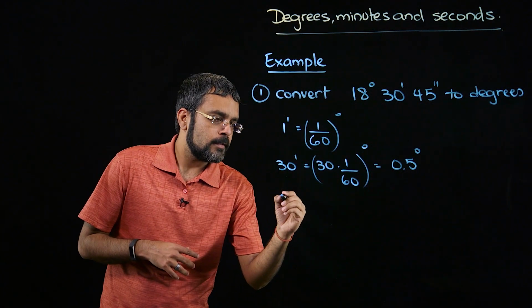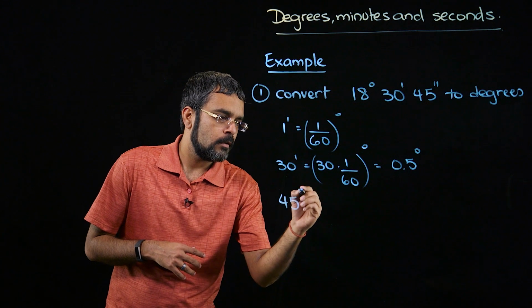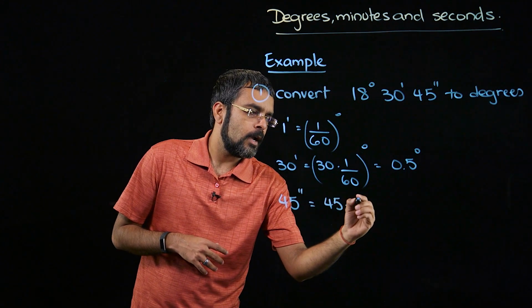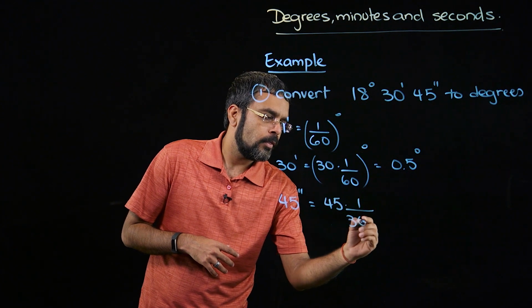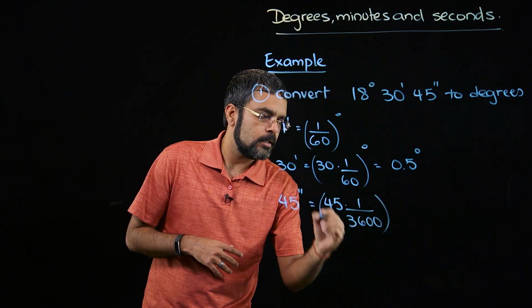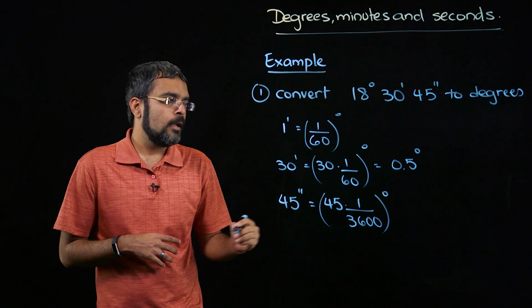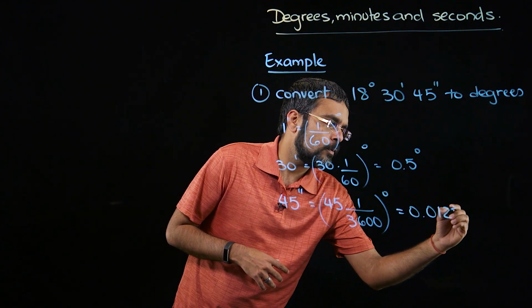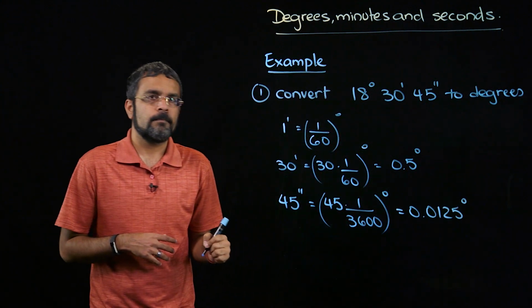Now if you look at 45 seconds, that is going to be 45 times 1 over 3,600 degrees, and that comes out to 0.0125 degrees.